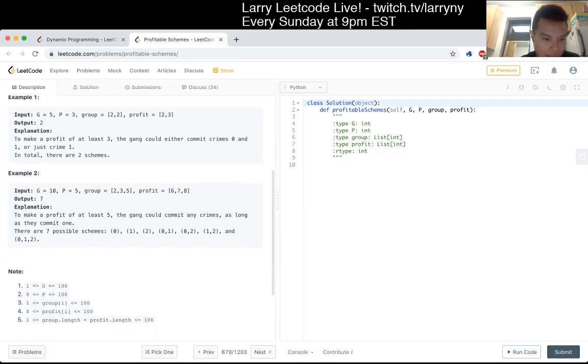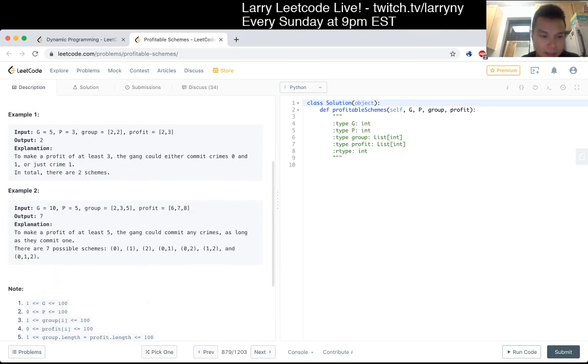So the length of profit is up to 100. What's the target? P is less than 100. So the dimensions are just G, P, and then n, where n is the number of crimes we're considering.